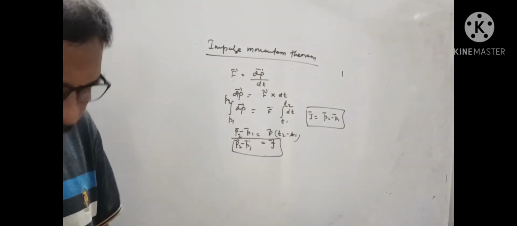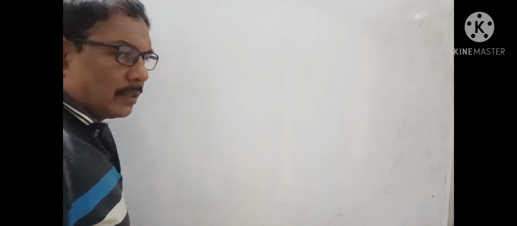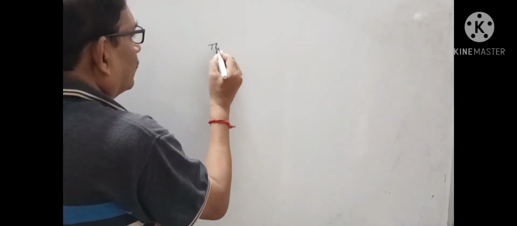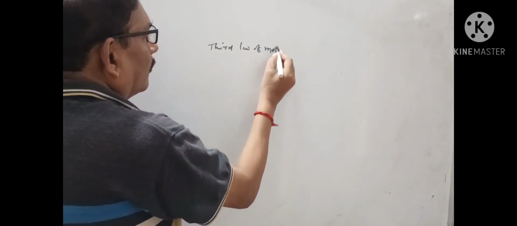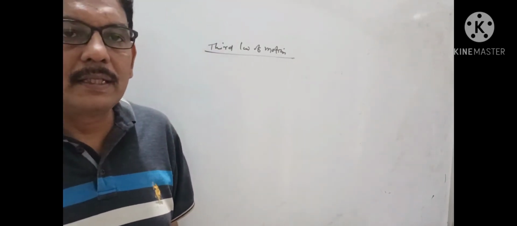Okay. Now, what is the third law of motion? All of you know that the third law of motion is defined in this way: to every action there is an equal and opposite reaction.